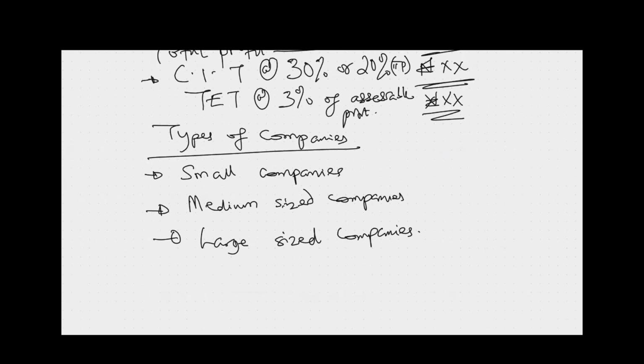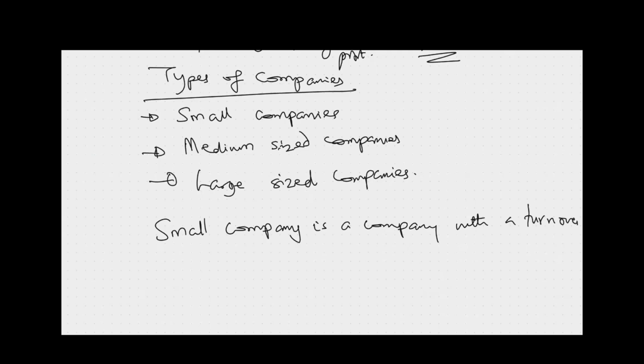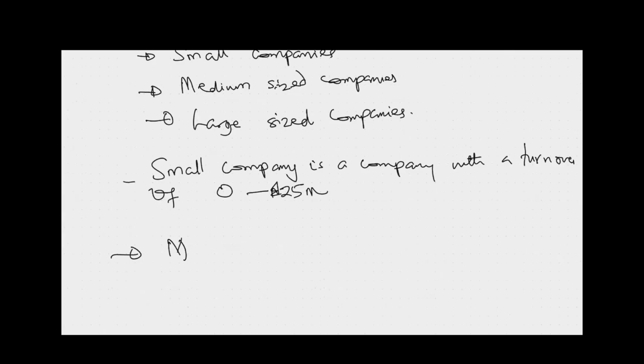When you say a small company, according to the Act, a small company is a company with a turnover of 0 to 25 million. Medium is a company with a turnover of greater than 25 million, but less than 100 million.